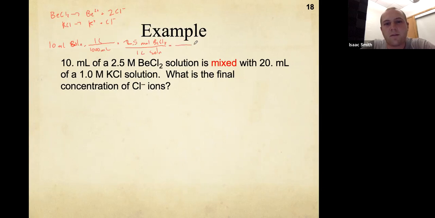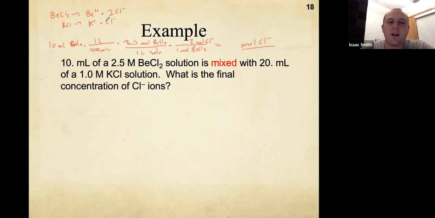And then we can convert from moles of beryllium chloride. We know the molar ratio: 1 mole of beryllium chloride produces 2 moles of chloride ions. That's just using the molar ratios from the equation. We do that and we're left with moles of chloride ions.